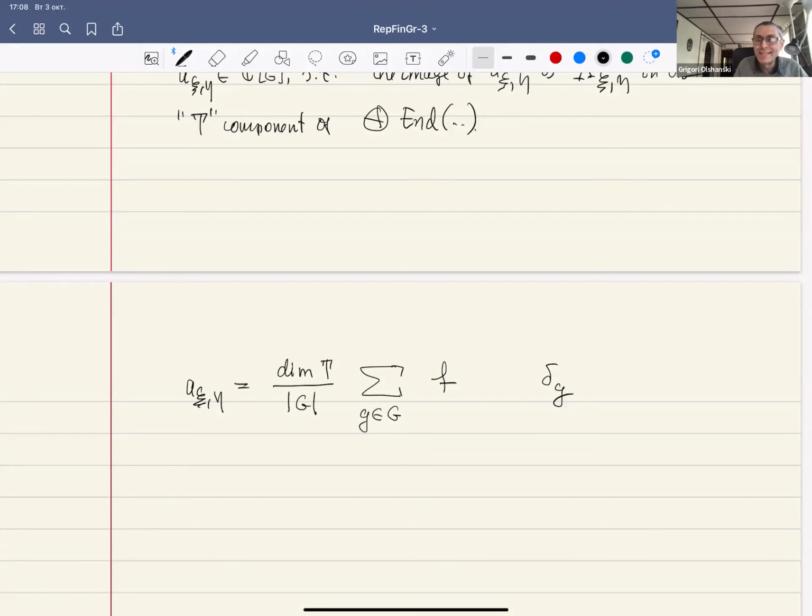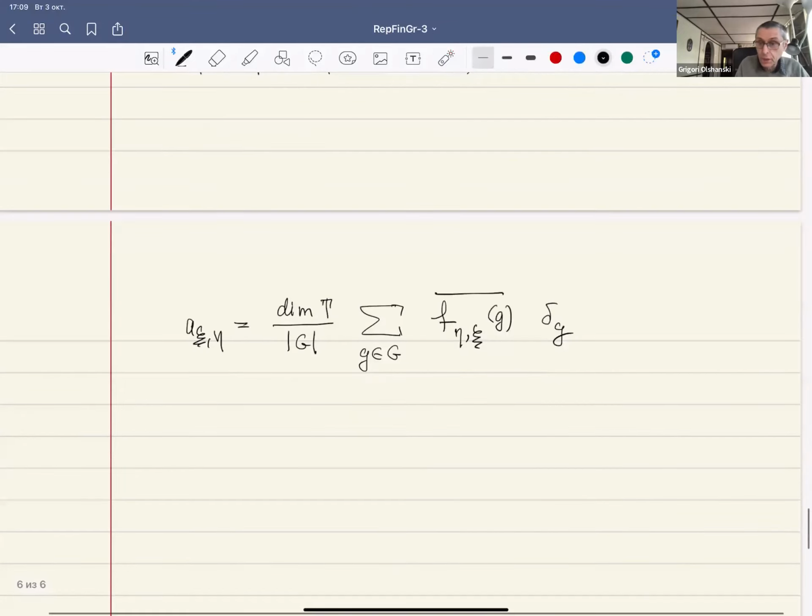We take the matrix element, but attention, this one. So first of all, we interchange the order psi and eta and take the bar conjugate function.